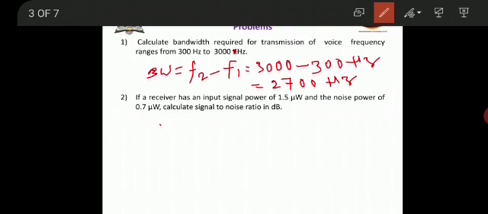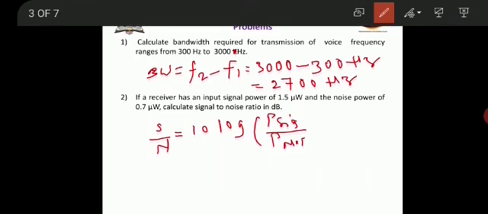Now let us solve the second problem, to calculate the signal to noise ratio in dB. As you know, the signal to noise ratio is expressed in dB as 10 log of P signal to P noise.